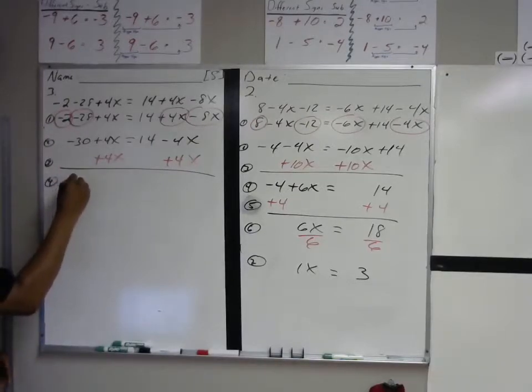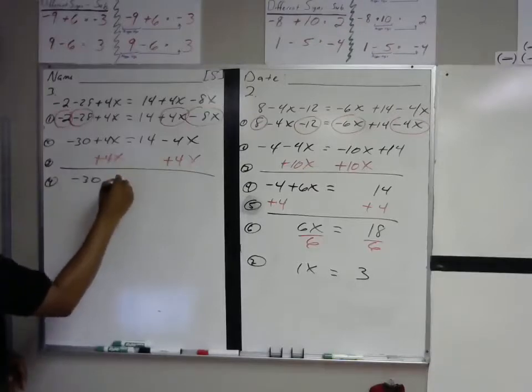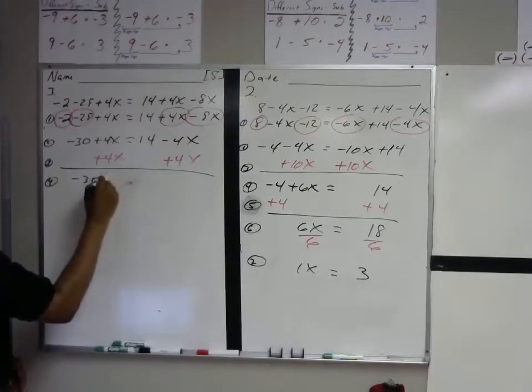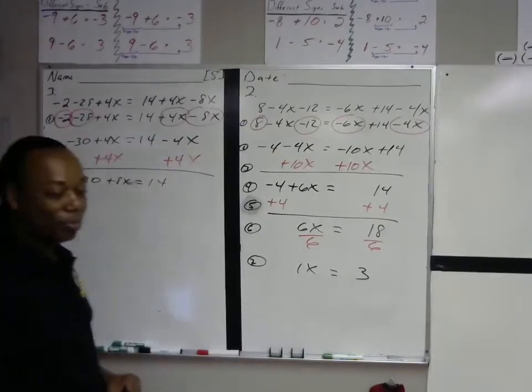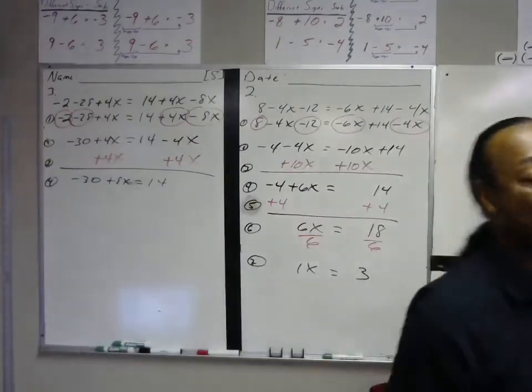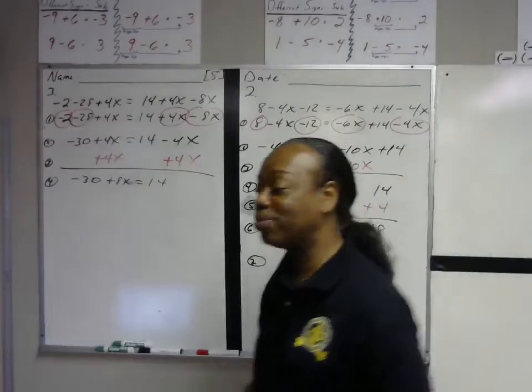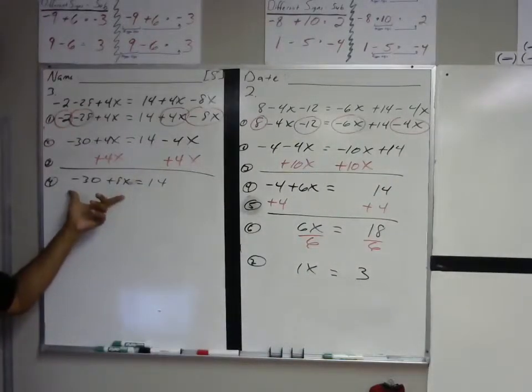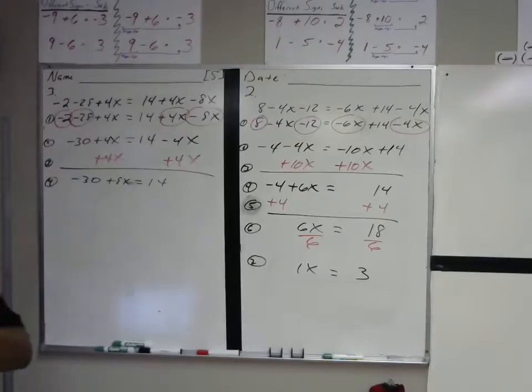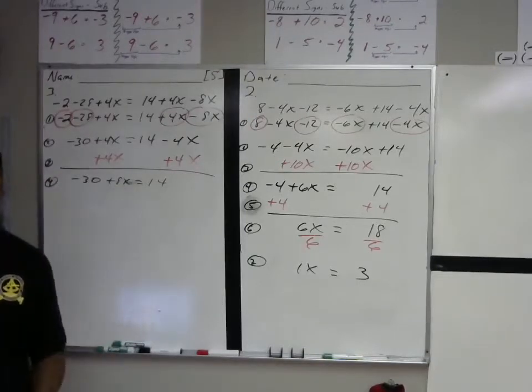Step 4. You should get negative 30. The x's give you plus 8x equals 14. Okay, now from there, class, this is a left side problem. So we have to get rid of the subtracting 30 and the multiplying 8.